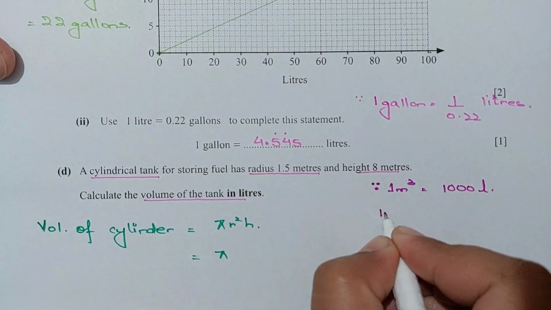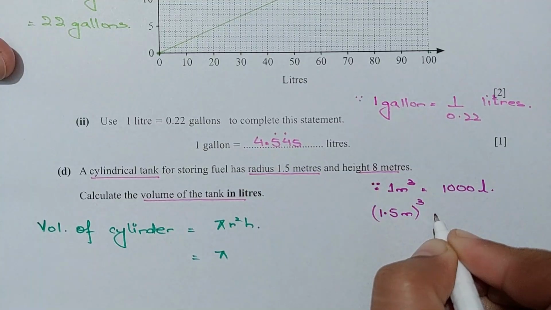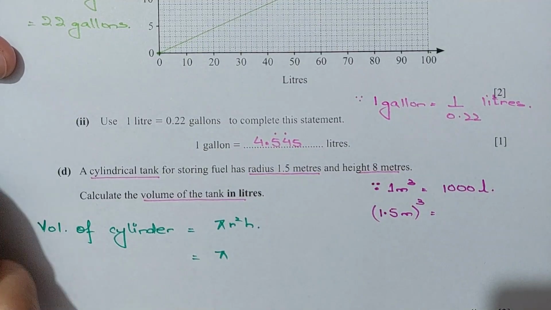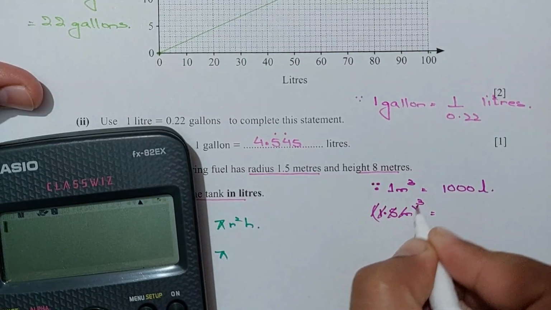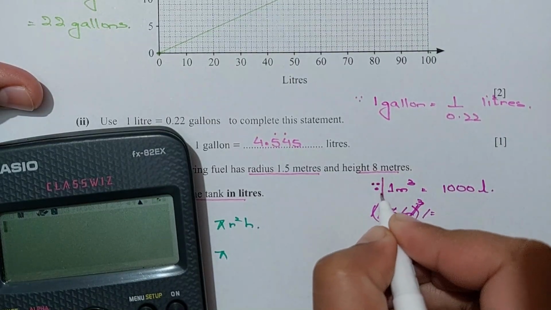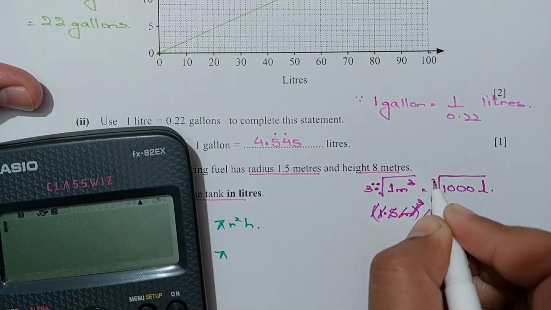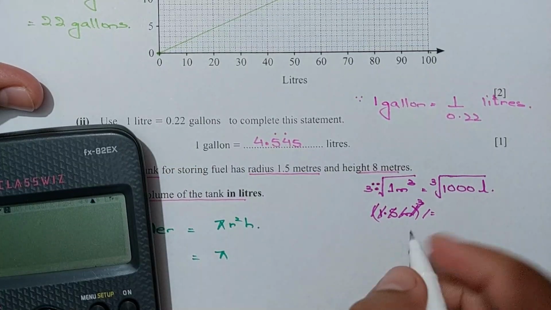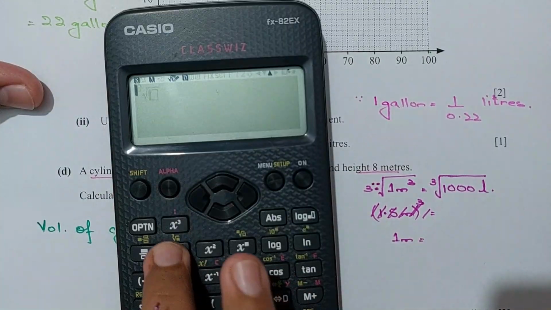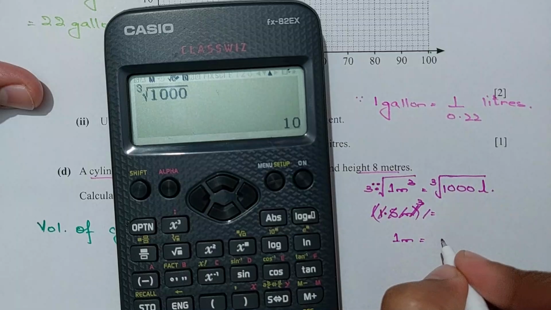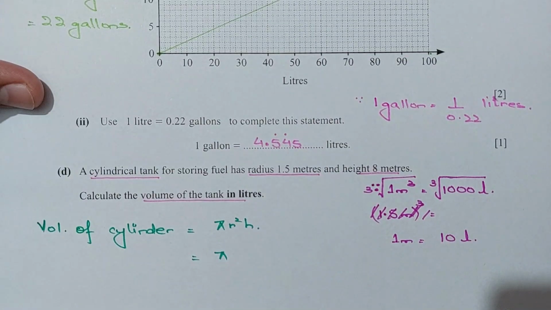So the radius is 1.5 meters. So take its whole cube. Or before doing this, it is better to take the cube root on both sides. So we can say 1 meter equals the cube root of 1000, which is 10 liters.